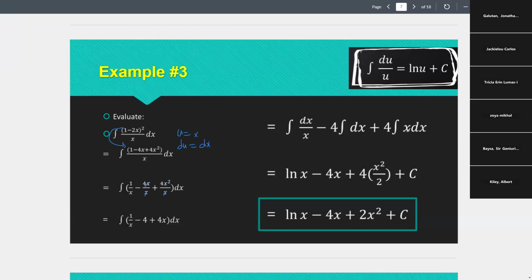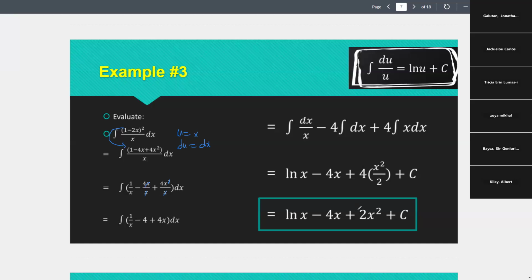The integral of x, okay, so this one is, we can use power formula for this one. This is x raised to 1 by default. Okay, dagdag ka lang ng isa. So this is now x raised to 2 over 2. And then, don't forget the constant, which is 4. And since this is already the last one, we can now add plus c.